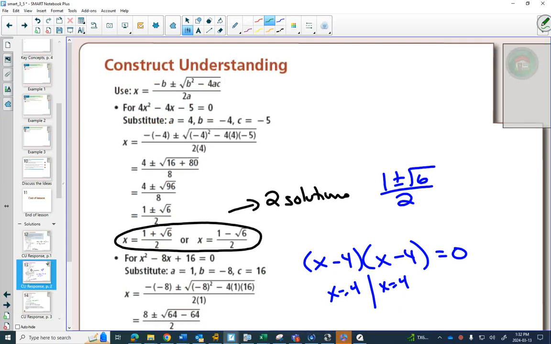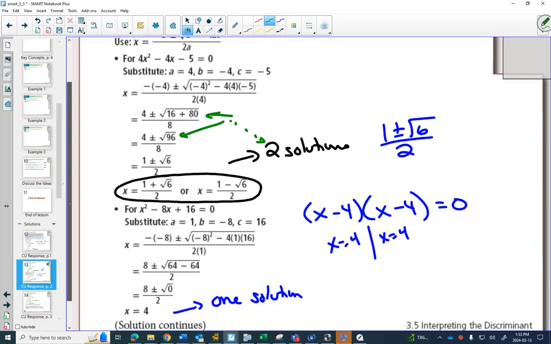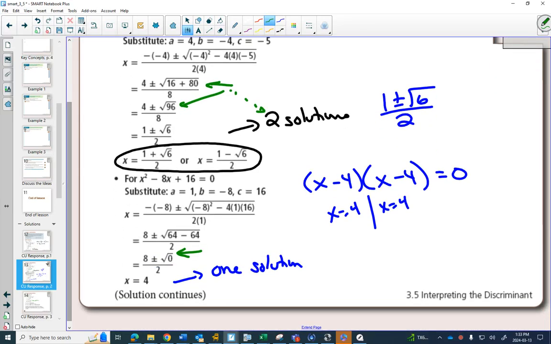In this one, you were going to get two solutions again because you were adding and subtracting a number. So when you add the number, you get one solution, subtract the number, a second solution. But in this third one, when you add or subtract 0, you only get one solution.